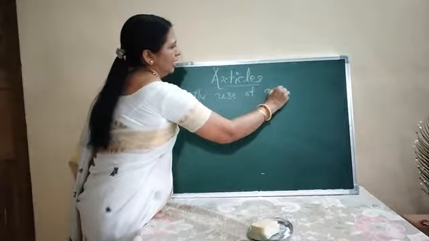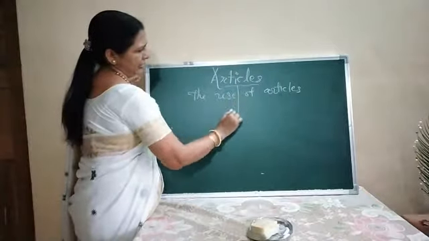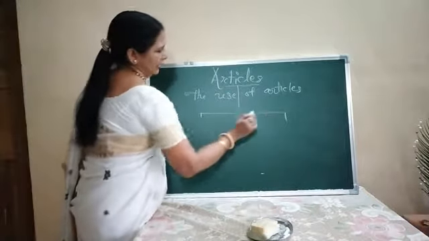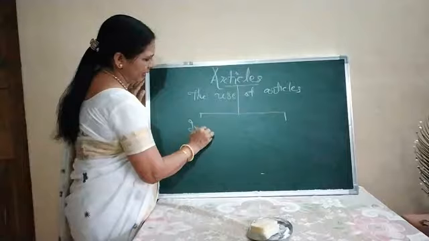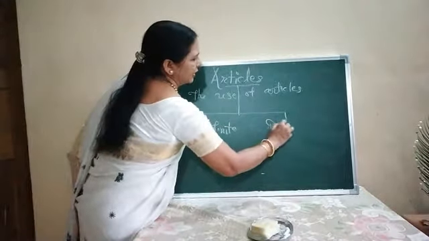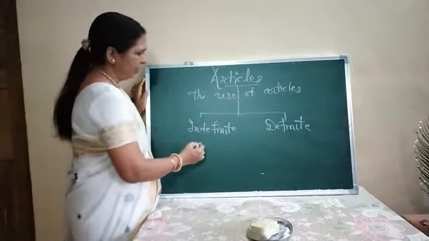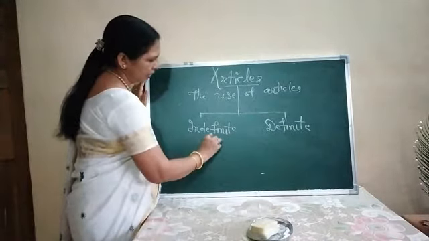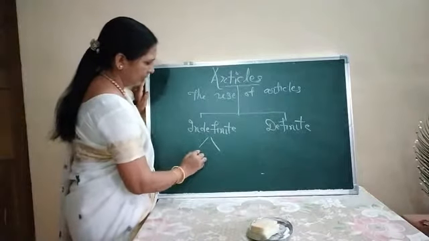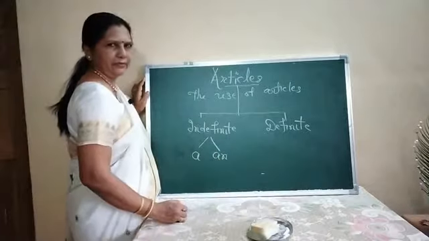Now, the articles fall in two categories. Indefinite articles and definite articles. In indefinite articles, we study two. The first is a and the second is an.